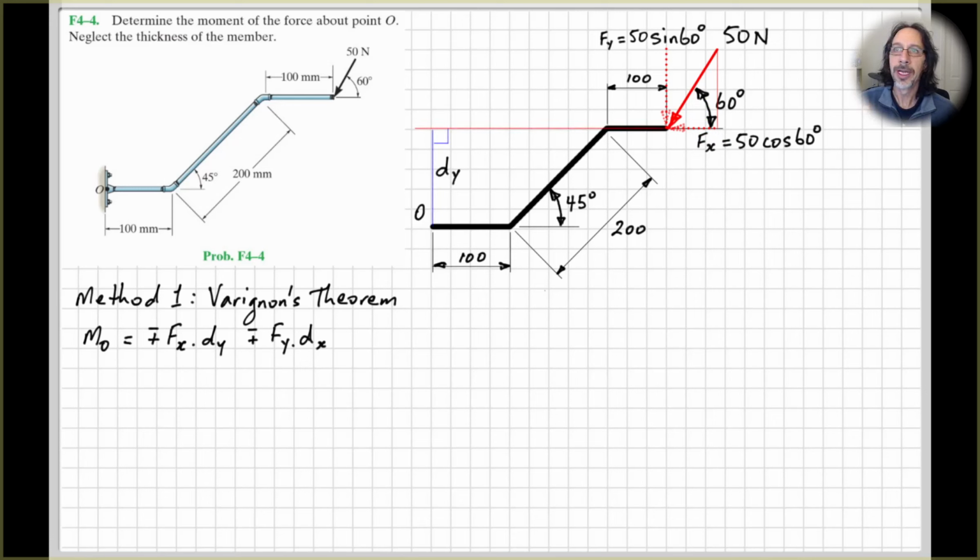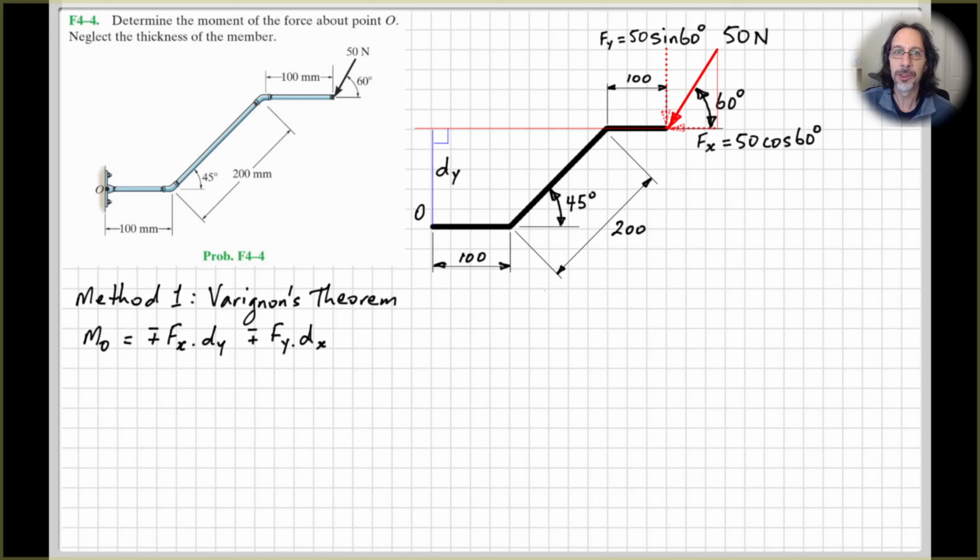Now we need to work out our perpendicular distances. So if we here continue the line of action of this horizontal force component Fx, and then we draw a line from the point that we want to take moments about perpendicular to the line of action of the force. As I've said in other videos where I go through the calculation of the moment of a force, it's important that you know and understand the full definition of what a moment is.